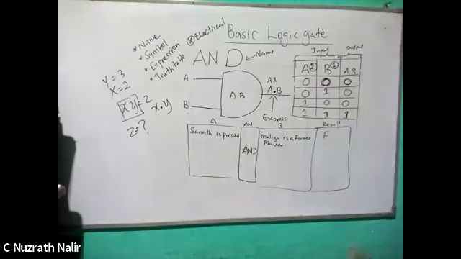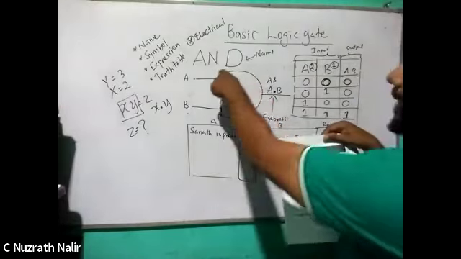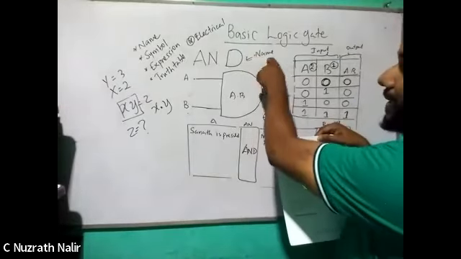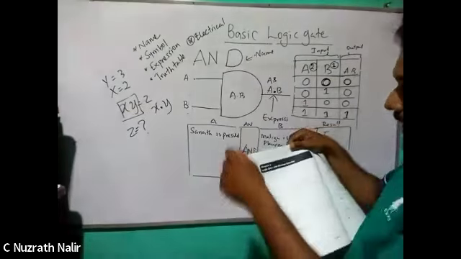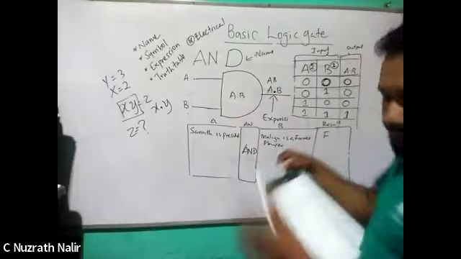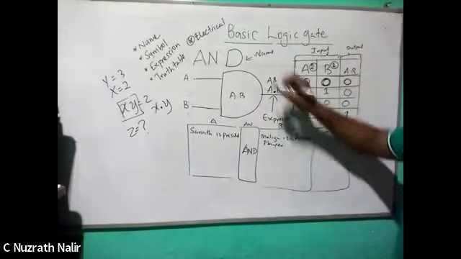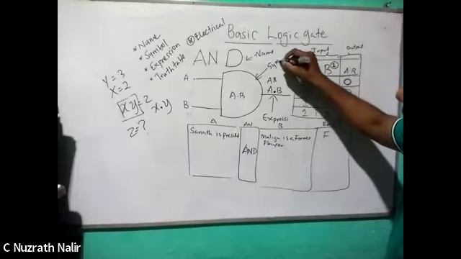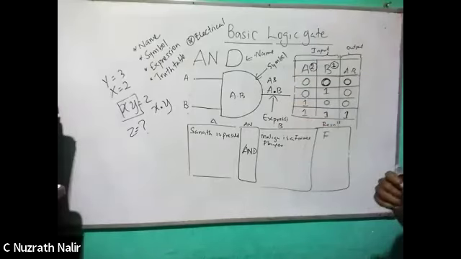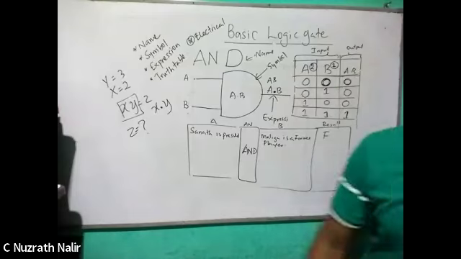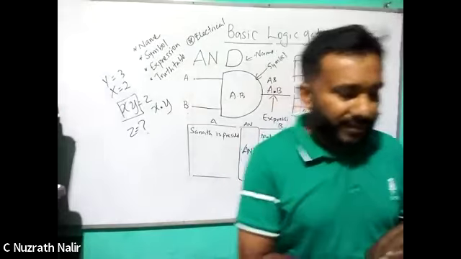Okay, my dear students, you can simply write down and mention, with a red color pen or the blue color or a different color, this is called name and this is called symbol. And this is called expression. This is a truth table and so on. Is this clear, my dear student first?